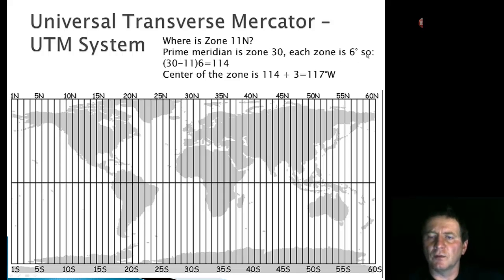Each zone is 6 degrees, and so correspondingly the center of zone 11 is 117 west, since 30 minus 11 is 19, and so on. So zone 11 would slice down through here and catch a little bit of California on the bottom side.